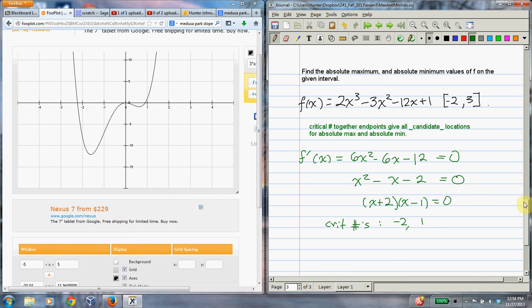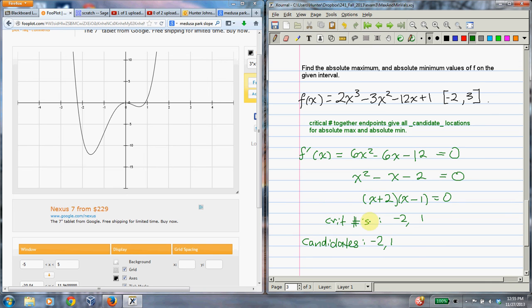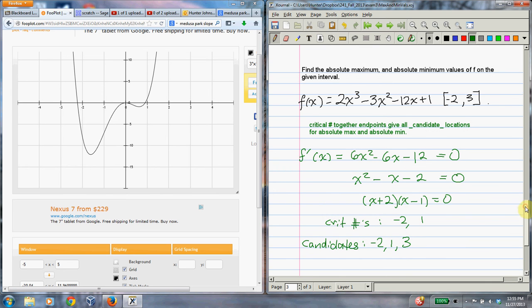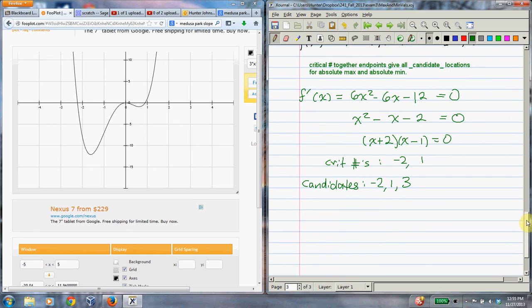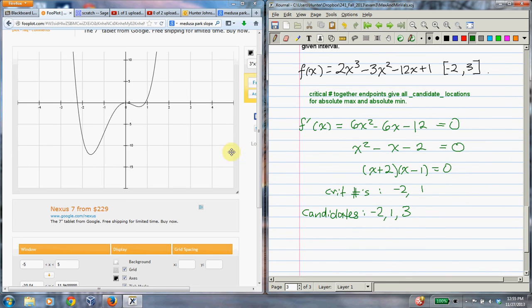Okay, so we have the critical numbers, and now we need to make a list of the candidates. So that's the critical numbers and also the endpoints. Negative 2 is both a critical number and an endpoint, so there's no reason to write it twice. Now let's check the value of f at each of these locations.